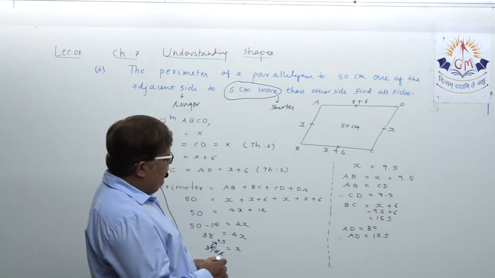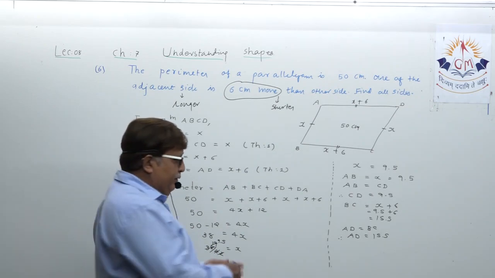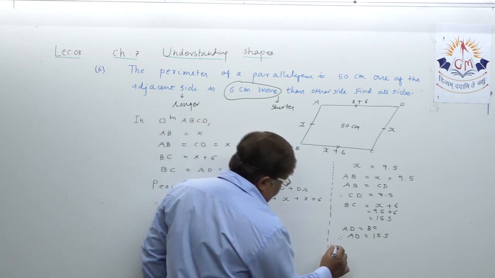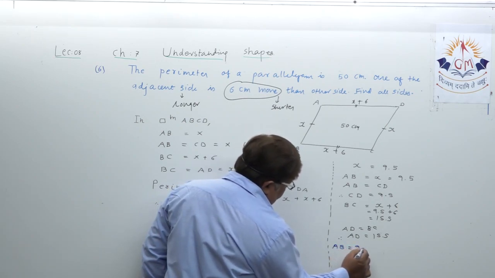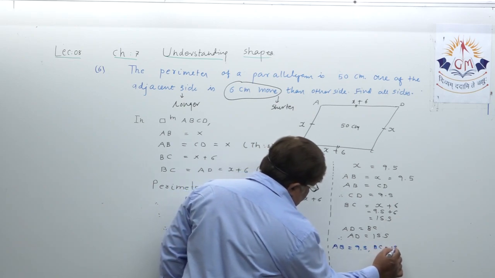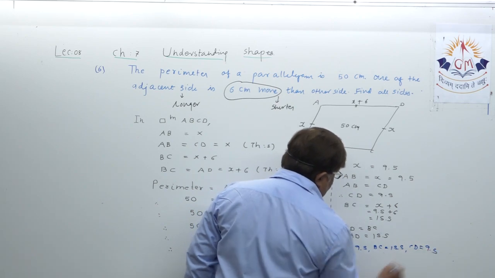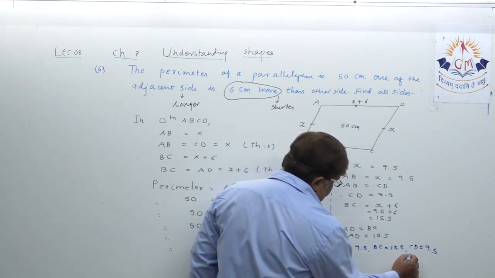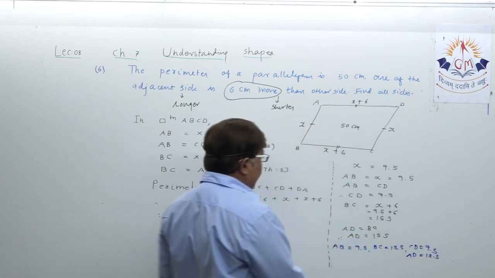You got all sides. At the end, highlight: AB equal to 9.5, BC equal to 15.5, CD equal to 9.5, AD equal to 15.5.